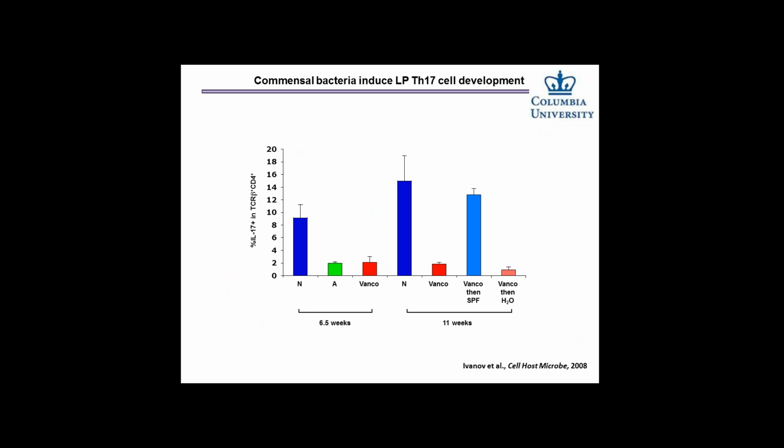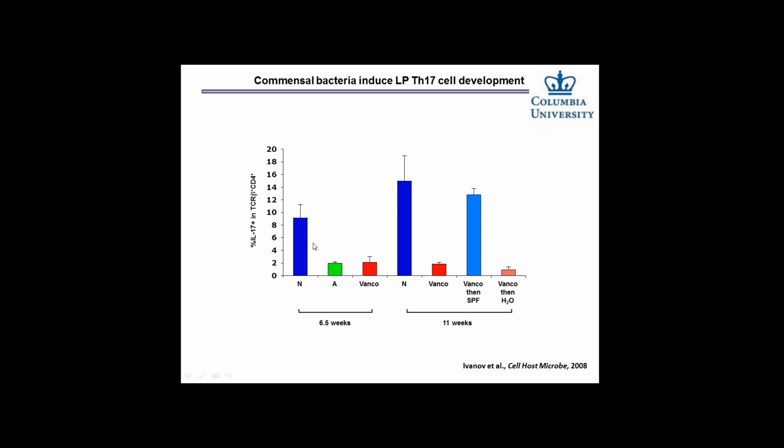So the first experiment and the first proof of principle, to test whether microbiota is important, is to treat the mice with antibiotics. And here we treated just regular C57 black 6 mice with a cocktail of antibiotics. This is the green A column. A is for all antibiotics.